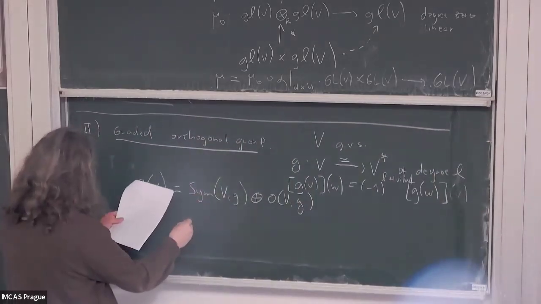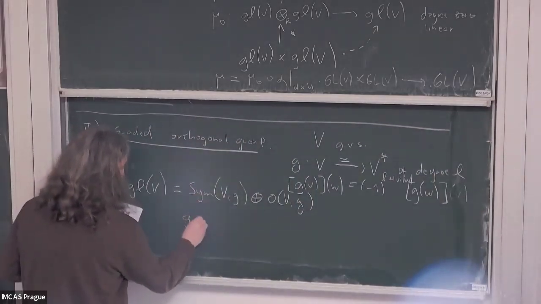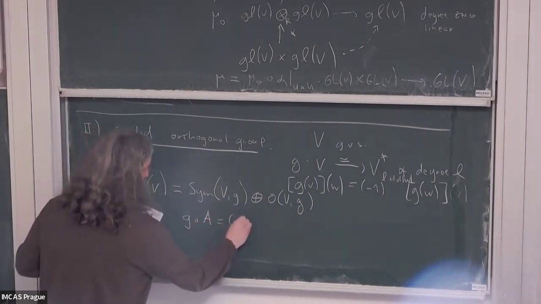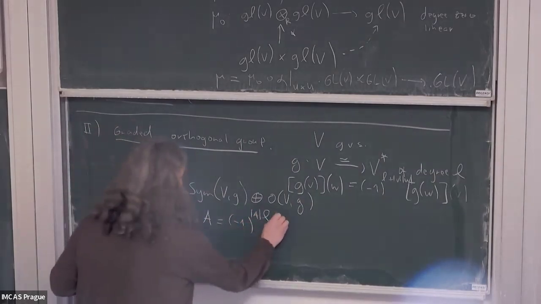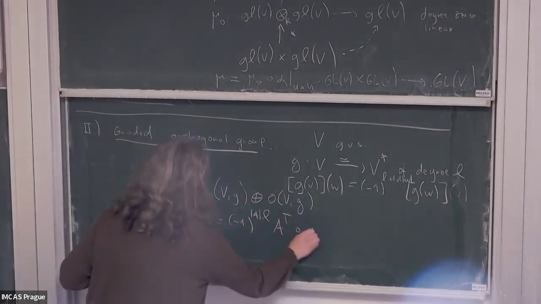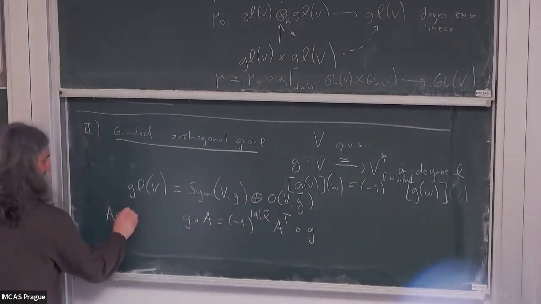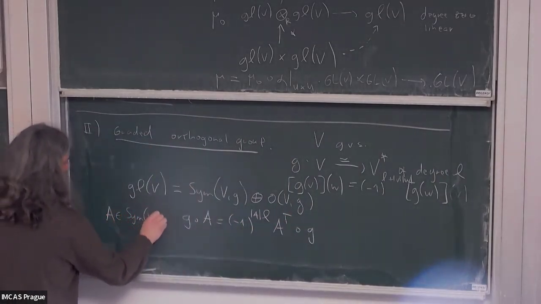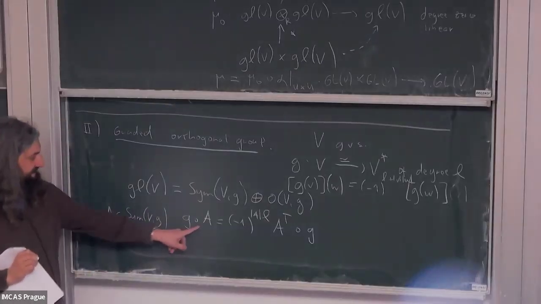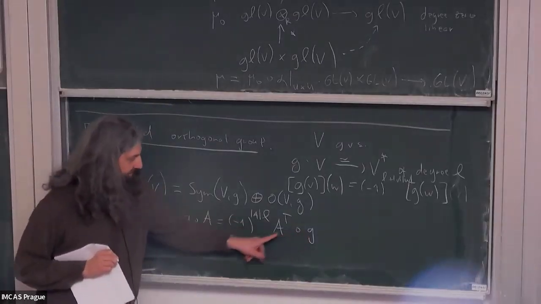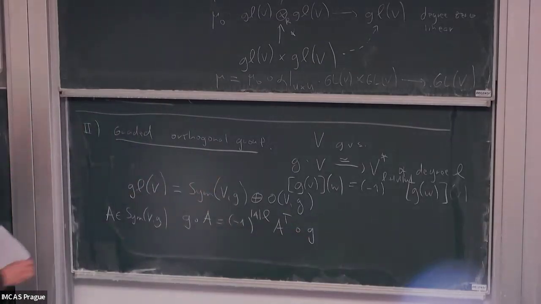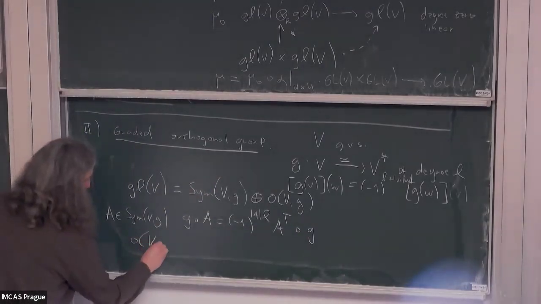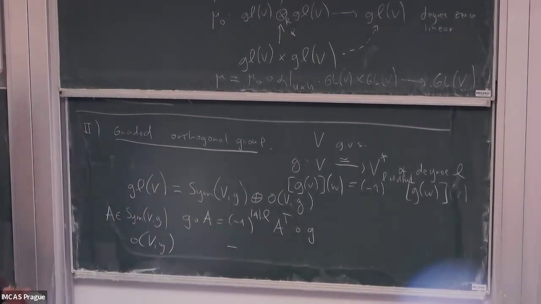Okay, so guys in symmetric satisfy something like this. If A is a symmetric map, so if you compose G with the transpose of A, there is some sign, and this is symmetric, and of course antisymmetric just has an additional minus behind the equal sign, and that's it.